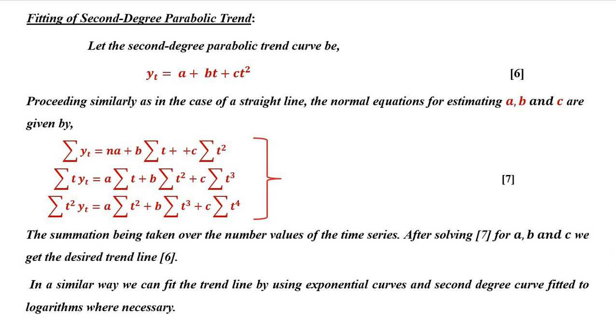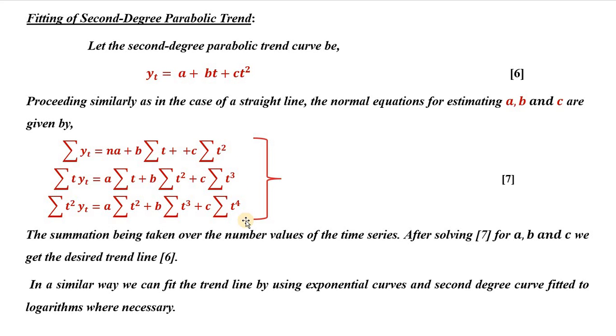Then fitting of second degree parabolic trend. The second degree parabolic trend is defined as yt equal to a plus bt plus ct square. Proceeding similarly as in the case of the straight line, the normal equations for estimating a, b and c are given by these three normal equations. Here again, three unknown constants a, b and c are there and we have three normal equations.